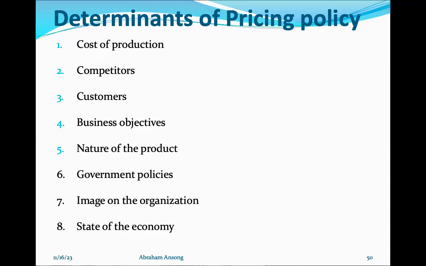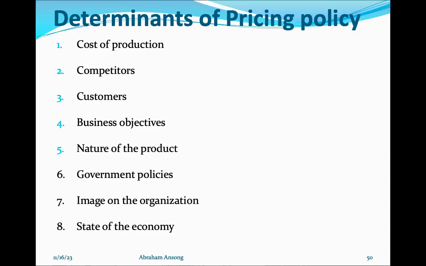Okay. Then government policies could influence pricing policy. Are you operating an economy where government has a say on the price of certain products or services? That can influence how you can price your products. The image or the reputation, you remember our discussions on brands. Okay, the brand of a particular organization can influence their pricing policy.